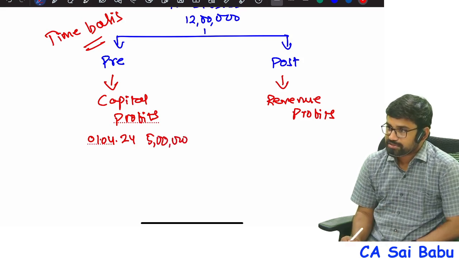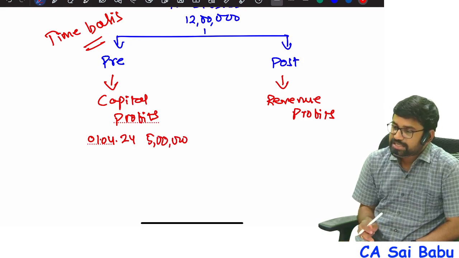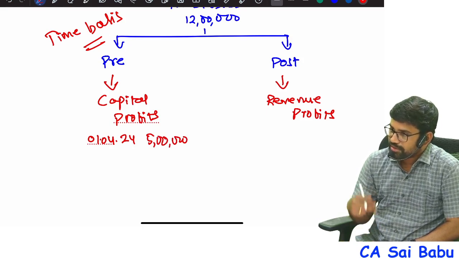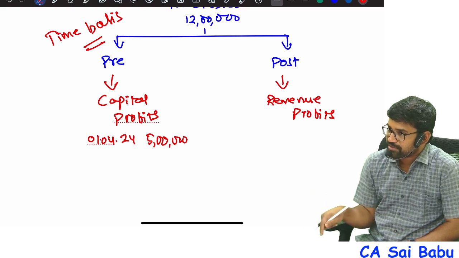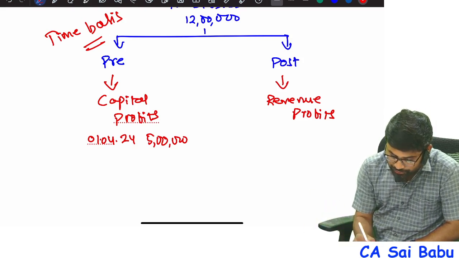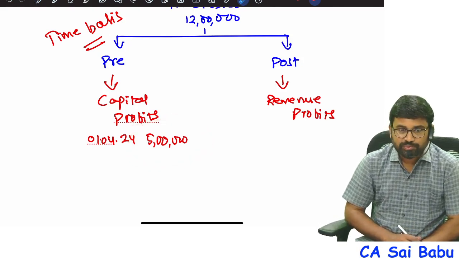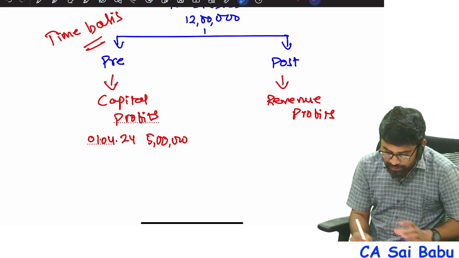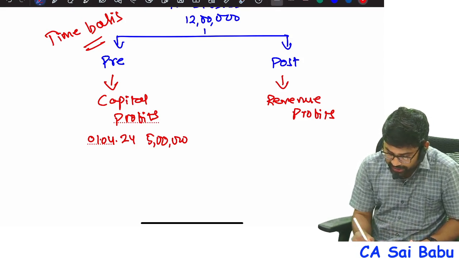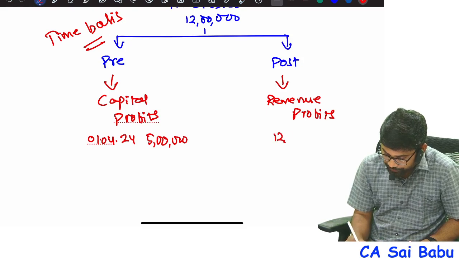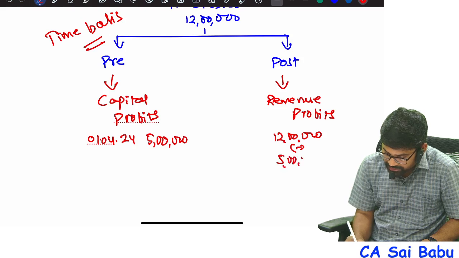Pre-acquisition profits. Already this 5 lakhs is there in the subsidiary company at the time of acquiring the subsidiary. So from the subsidiary's point of view, this 5 lakhs is capital profit, pre-acquisition profit. That means what will be the post-acquisition profits? The remaining balance, 12 minus 5, 7 lakhs is the post-acquisition profits.